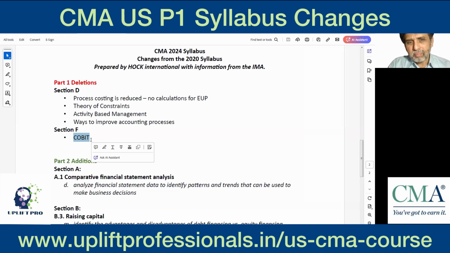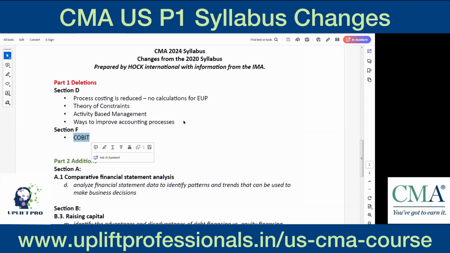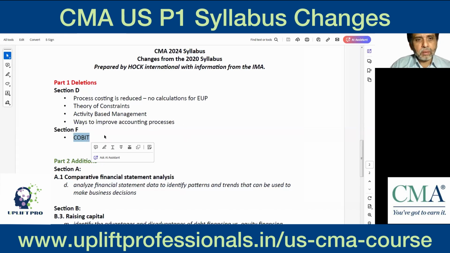Do you all remember? So this COBIT is something like that, a body responsible for regulating and controlling the IT function. A committee of sponsored organizations, this COSO, I think. I'm not sure. So that part, like that COBIT, has been removed.